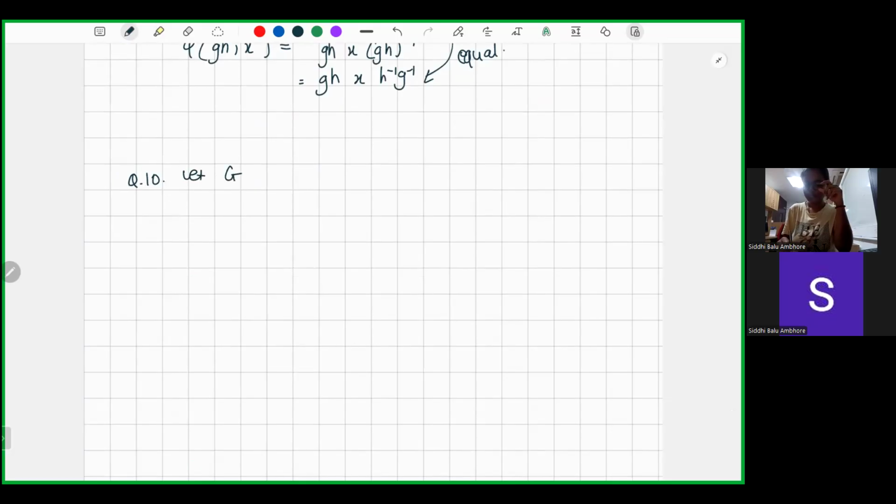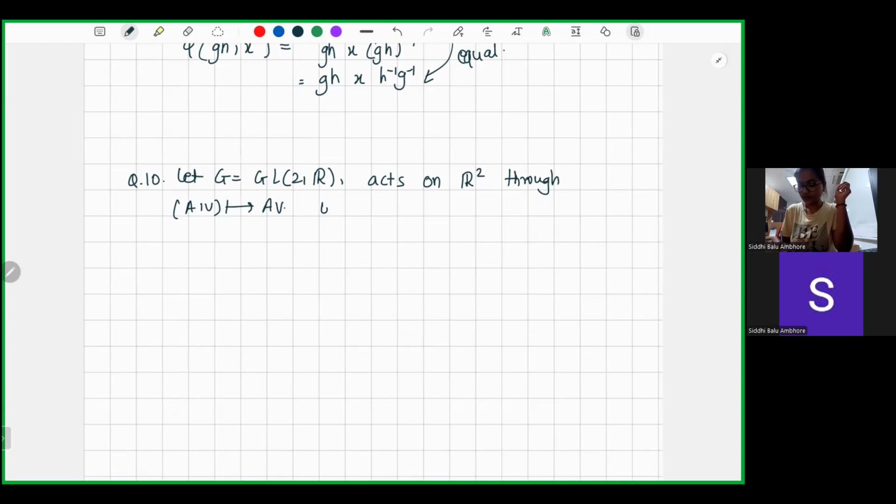So let G be GL2R, and it acts on R2 through A comma v, going to the normal multiplication, and we have to check what is the orbit of e1 equal to 1 comma 0, and e2 equal to 0 comma 1.